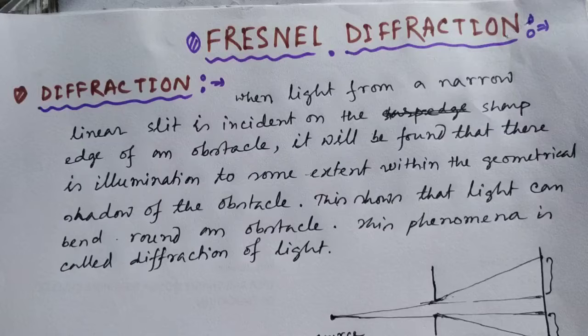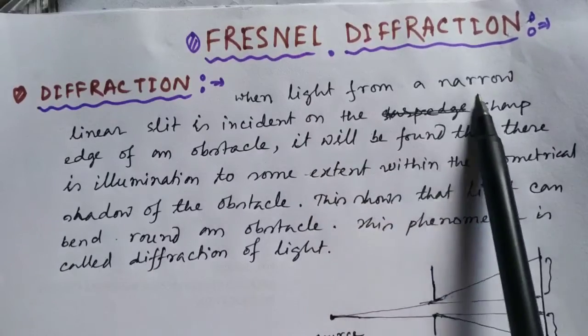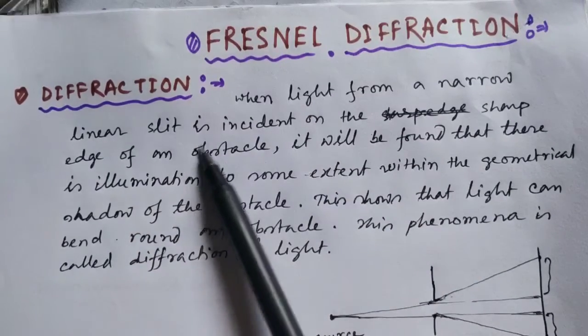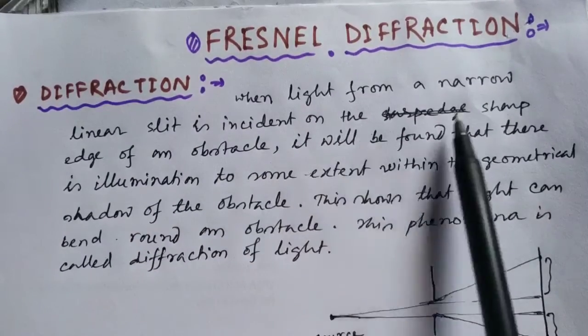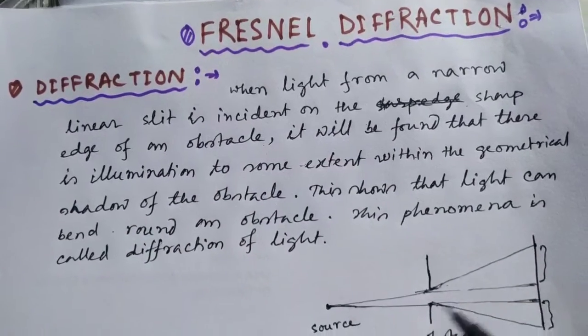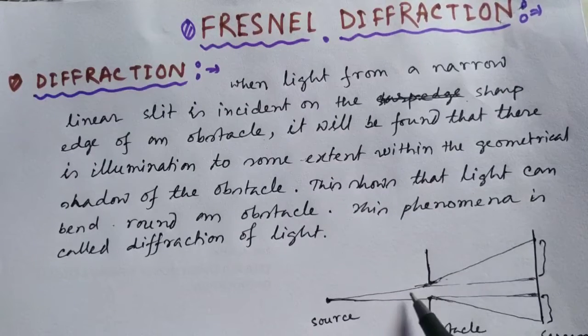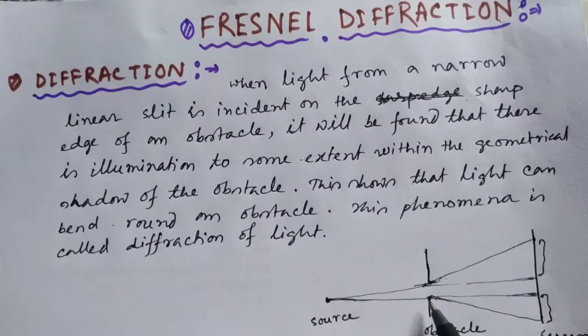What is diffraction? Diffraction is when light from a narrow linear slit is incident on the sharp edge of an obstacle. This is an obstacle and this is the sharp edge. So light comes from the source and is incident on the sharp edge of the obstacle.